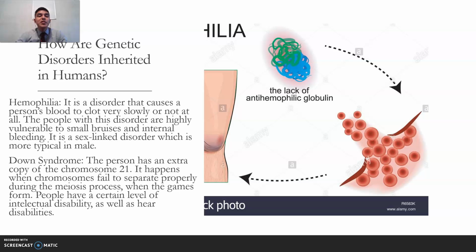It happens when chromosomes fail to separate properly during the meiosis process, when the gametes form. And people have a certain level of intellectual disability as well as hearing disabilities. Of course, this extra copy can generate problems such as the ones stated here, like intellectual disability or hearing disability.